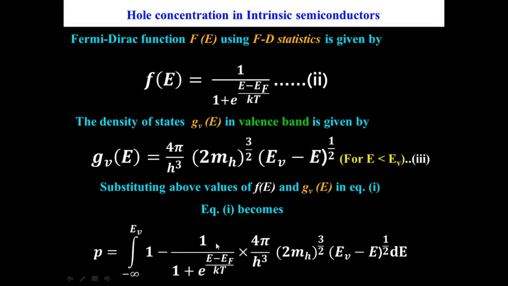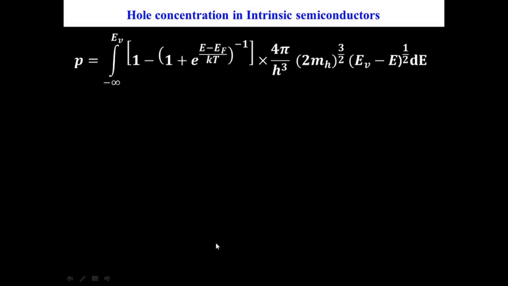So this term becomes 1 plus exponential of (E minus EF) by KT raised to the power minus 1. This is of the type of expression (1 plus x) to the power minus 1, so we will expand this term. The expansion of (1 plus x) to the power minus 1 is 1 minus x plus higher powers. We will neglect the higher powers.